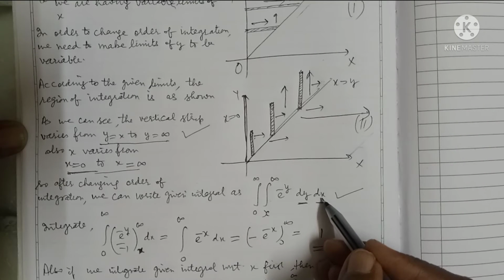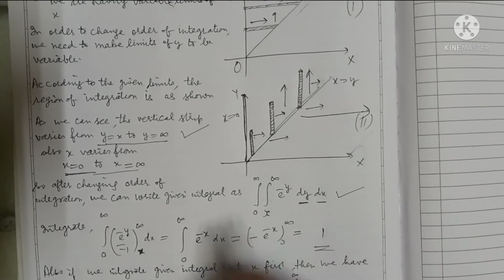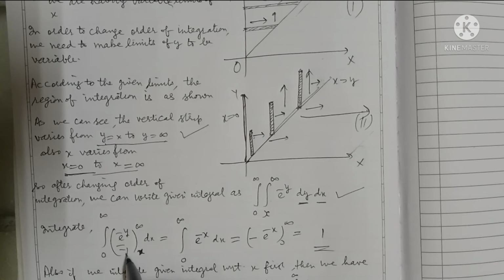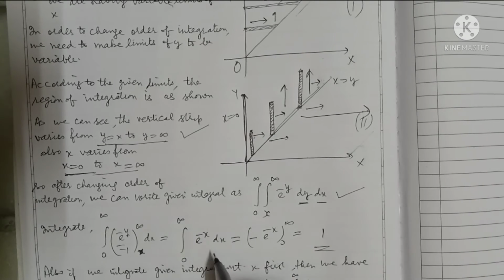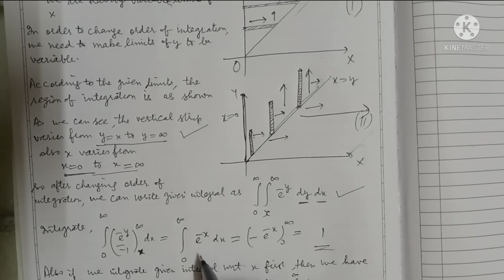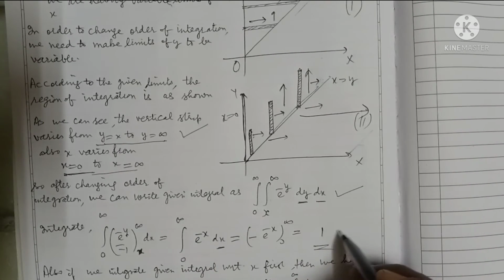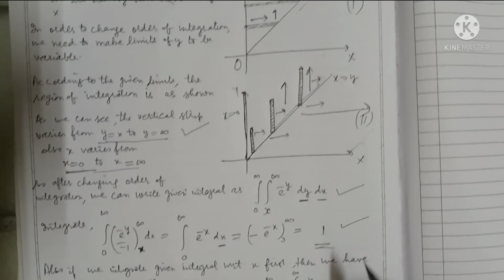So with respect to x, integration will be done later. You can easily integrate this function first with respect to y. These steps are quite simple, and then putting the upper limit and the lower limit, and then again integrating with respect to x, you can easily calculate the answer to be 1.